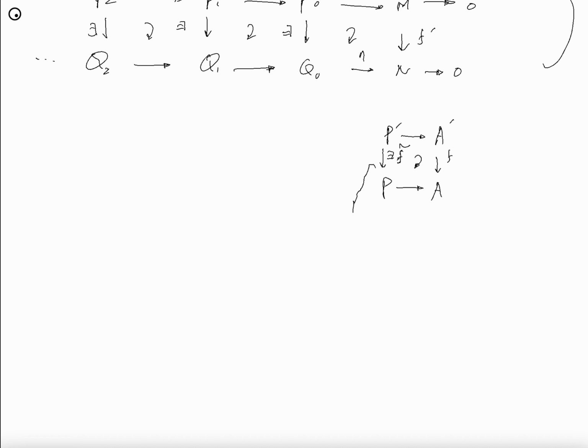And then because you got this map on the projective resolution, this further gives you a map on the homology, which is right. Let's call this F tilde star.